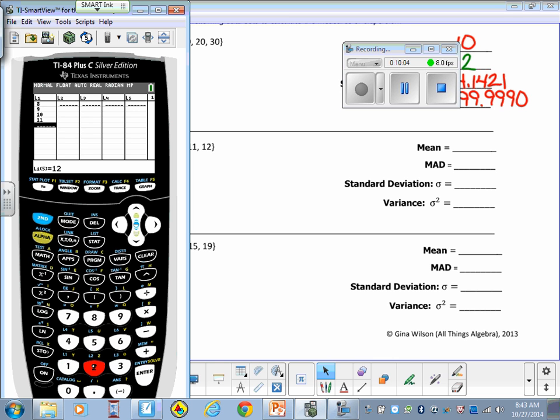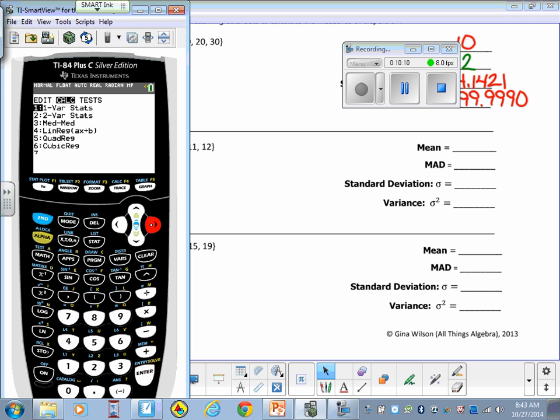Make sure you press enter after the last number. Stat, calc, one variable stats. I want list one. That's where I put my information. Alrighty, my mean is 10. Very first thing needs to be written down.